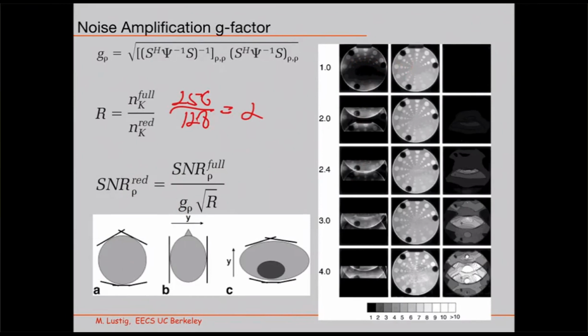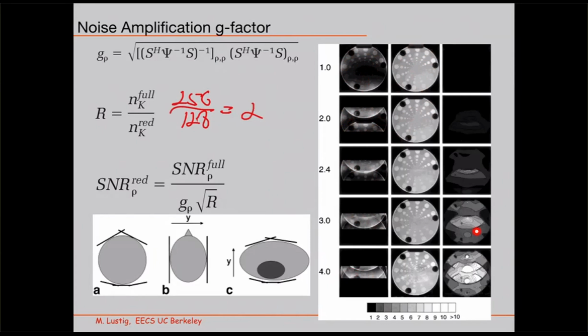This is an image from one coil. This is the full image, and that's an image from one coil. Then this is another image with 2 times undersampling, and you see that in one coil, you get this folding. This is 2.4 undersampling, this is 3-fold, and this is 4-fold undersampling.